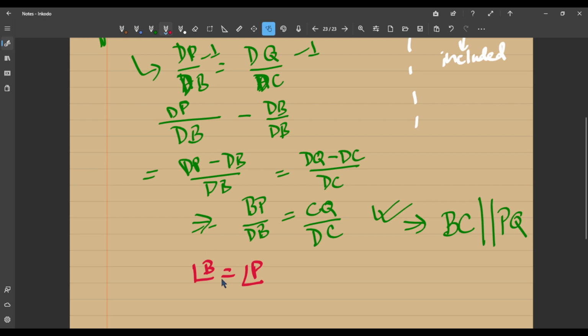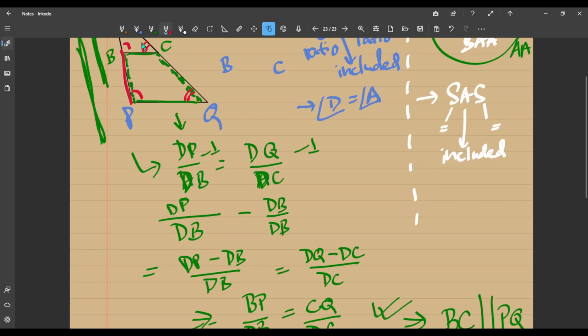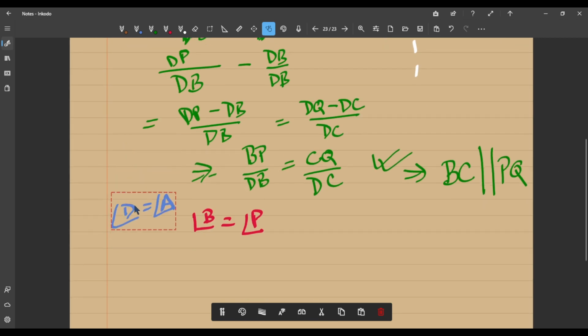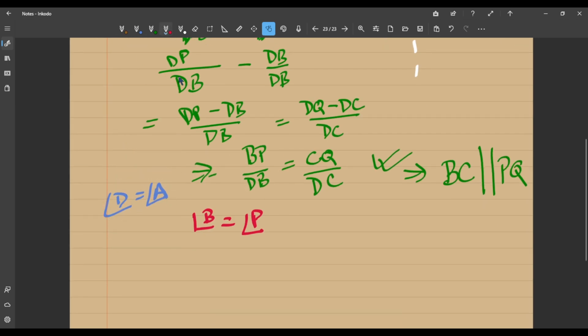I could have stopped here because angle B is equal to P, and I also know that angle D is equal to angle A because it's the common angle, right? So I could have stopped here. But you can also explicitly obtain that angle C is equal to angle Q, whatever suits you.